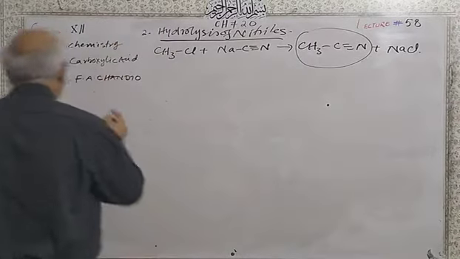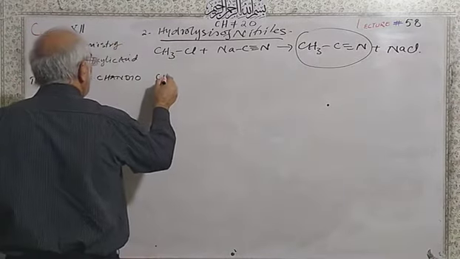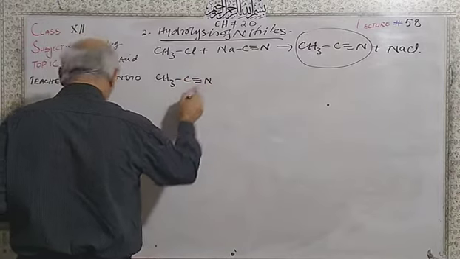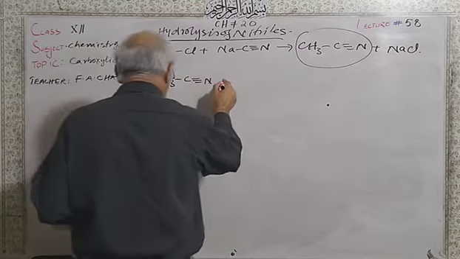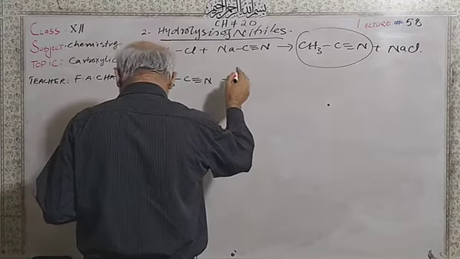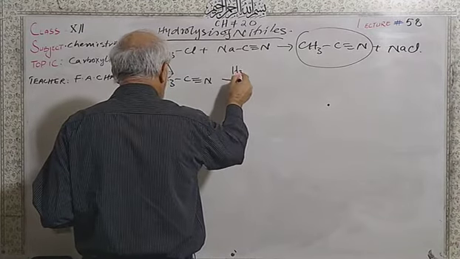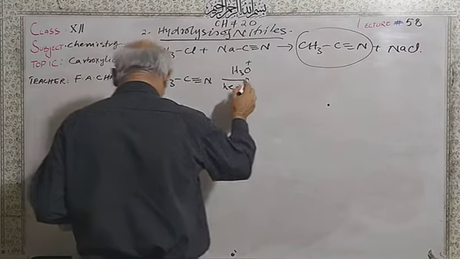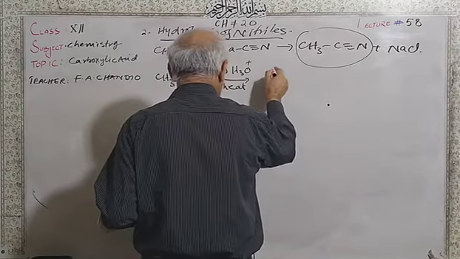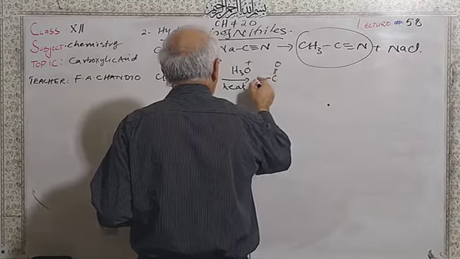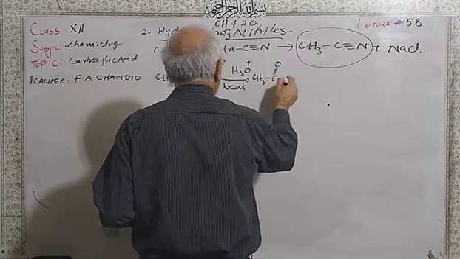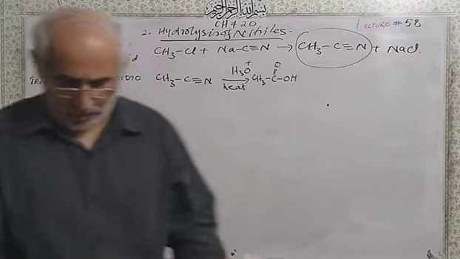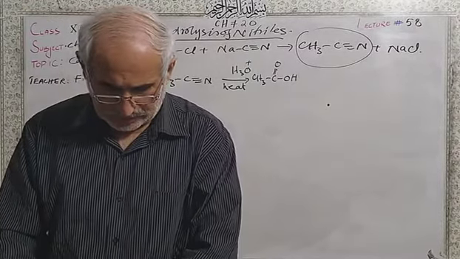So this is the methyl nitrile, and upon the acid hydrolysis, heat, you will get carboxylic acid. You will get carboxylic acid in this case.